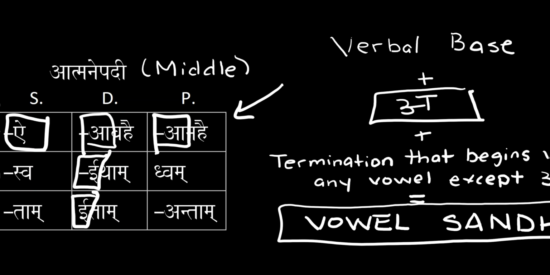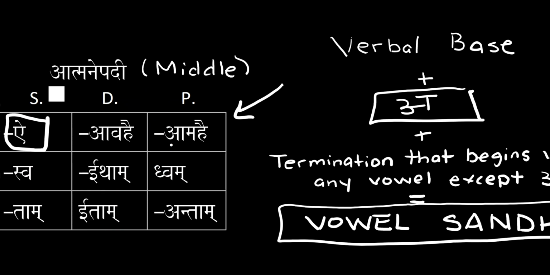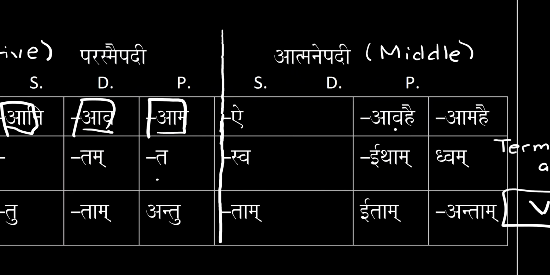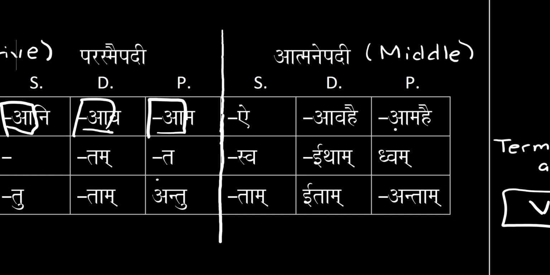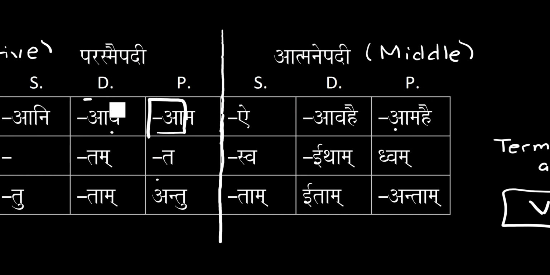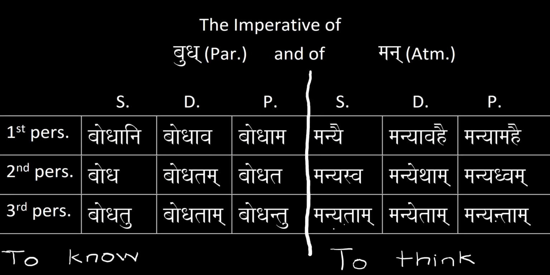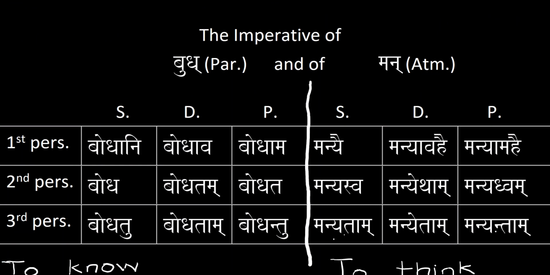You might end up with a termination ending that starts with another vowel because of the vowel sandhi. So we will get better at this as we practice together how to conjugate these types of verbs in the imperative mood. So let's get started. So the examples that we're going to be using is bud and man.